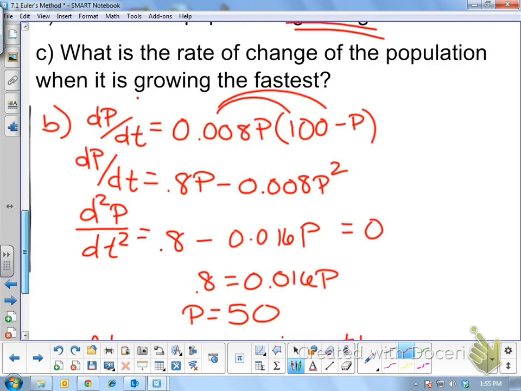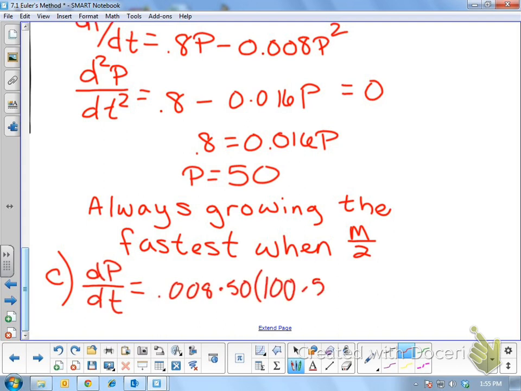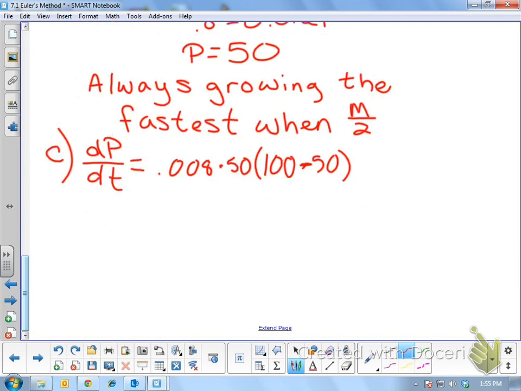So if they want to know how it's changing, we're just going to take our derivative and plug in 50. This will tell me how many bears they're having during the time when they had 50 bears, when they had the maximum change in population.